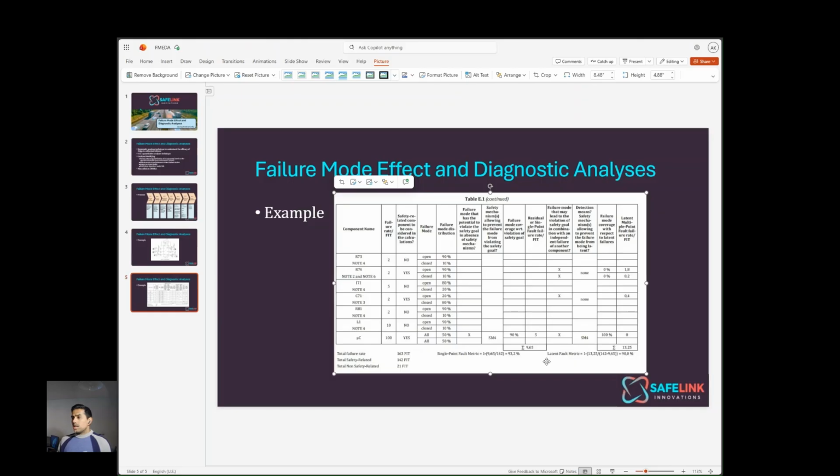Similarly, there is a formula for the latent fault metric. It is 1 minus the latent point failure rate divided by the total safety related failure minus the single point, the total single residual failure.